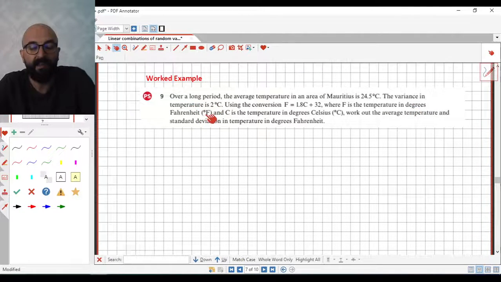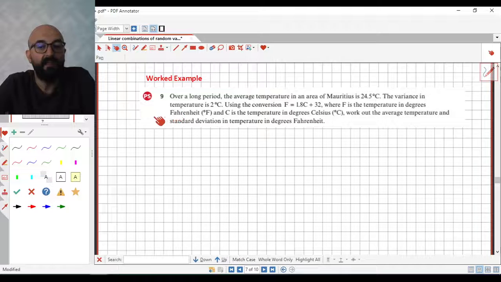We have one more example. This example is in your textbook, practice section, ninth question. Over a long period, the average temperature in an area of Mauritius is 24.5 Celsius. The variance in temperature is 2 Celsius.